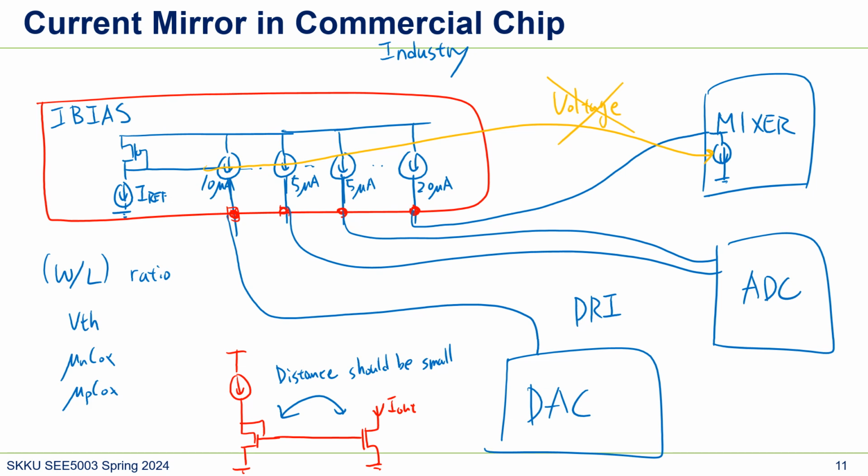So the DRI of iBias, I mean the owner of iBias, communicates with the owner of the mixer, the owner of the ADC, the owner of the DAC, and these circuit people ask iBias, oh, I need 10 micro, 5 micro, 20 micro, and then this iBias person provides this current.